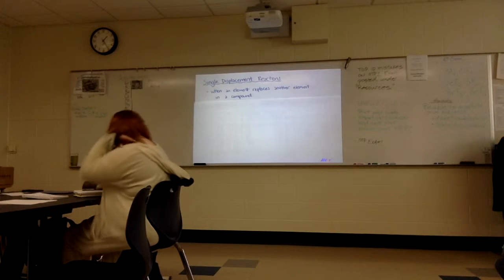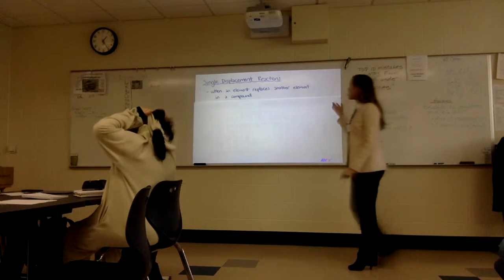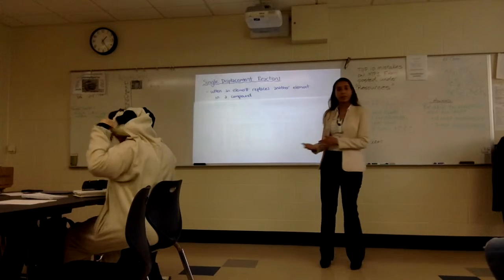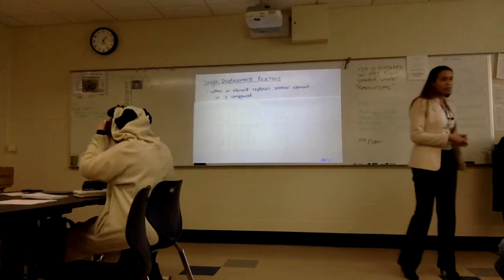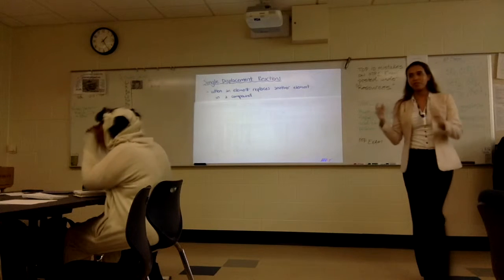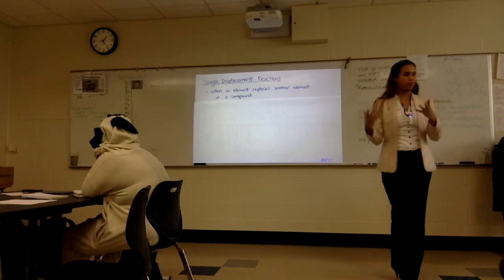Alright, we're ready? Okay, so now a single displacement reaction, what is this? It's when one element replaces another element in a compound. So, for example, in the first half of your worksheet, you saw that you have one element reacting with one other element, and you form a compound.